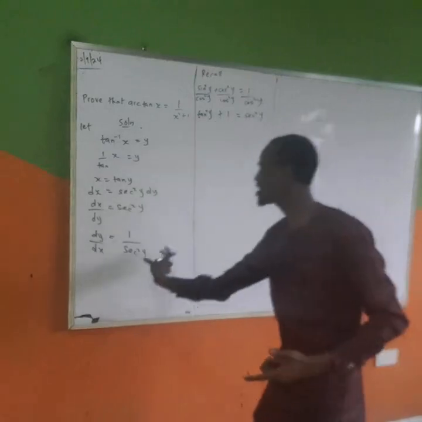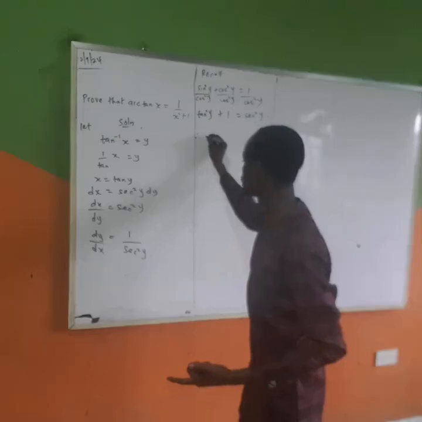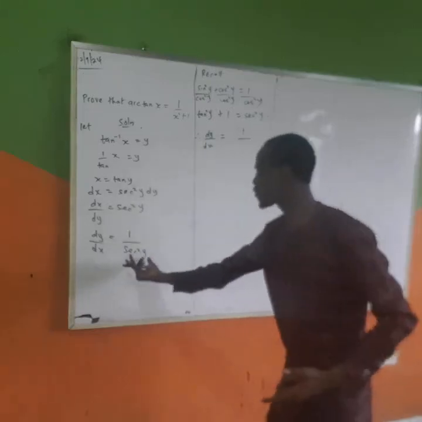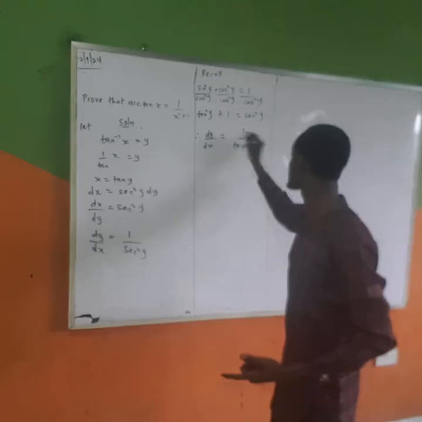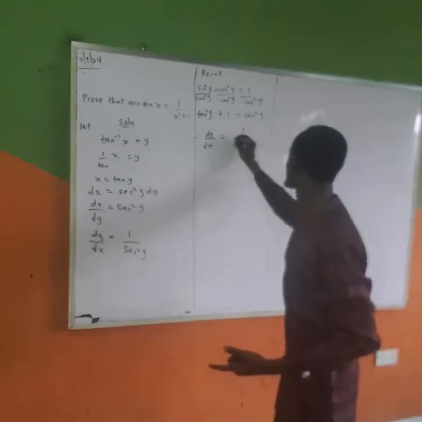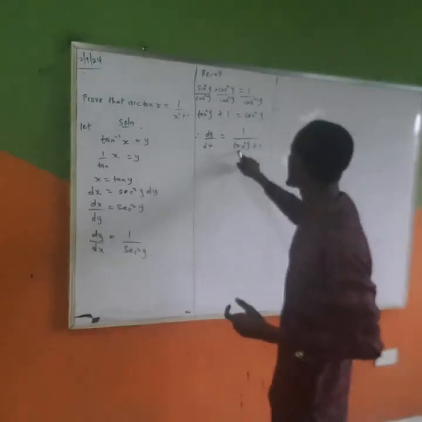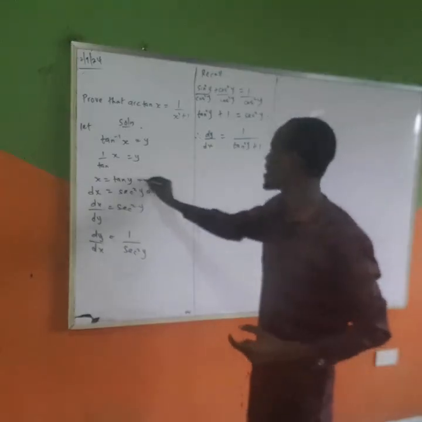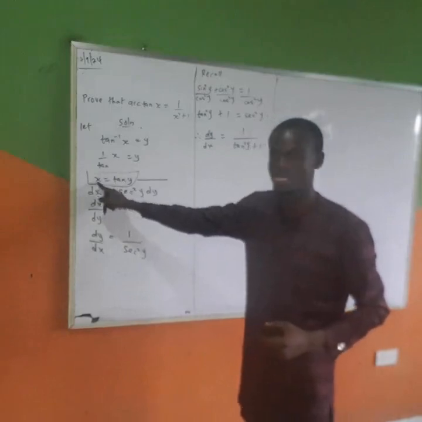So in place of sec squared y, therefore, dy over dx equals 1 over tan squared y plus 1. Now, what is tan y? From here, tan y is x.